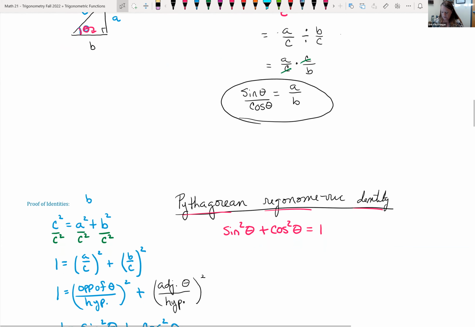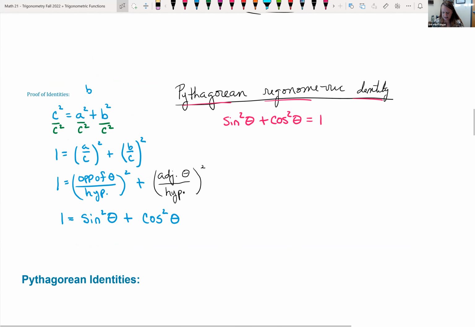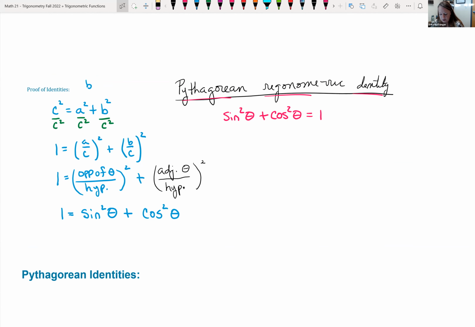Okay. So we had our Pythagorean identities. That was the next thing I was going to show. We just proved one of them.